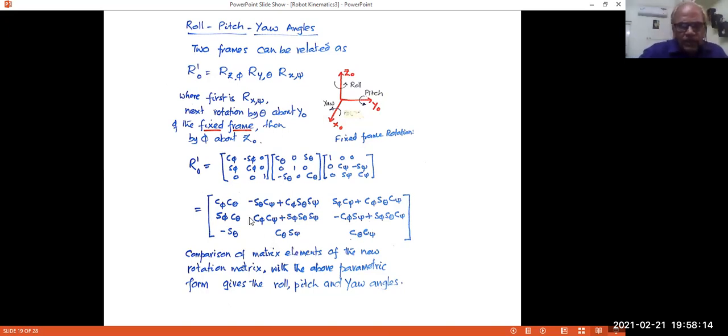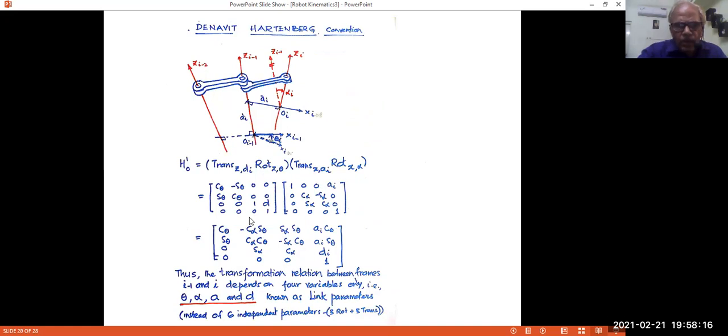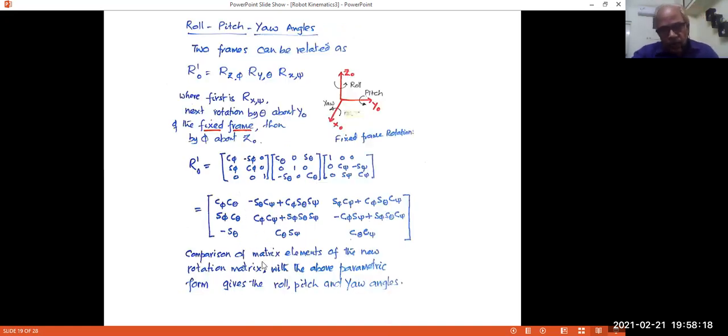But these conversions are going to be useful to us later on when we go to inverse kinematics, and also some of the material we covered about the homogeneous transformation matrix will be useful when we go to forward kinematics using the Denavit-Hartenberg convention and other techniques.